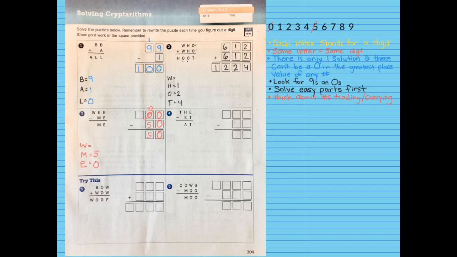Did I hear somebody yell 100? I think you're right, because look at that. Could W work as the variable for 100 or for 1? I think that would work. Let's take a look at our puzzle. Does 100 minus 50 give you 50?